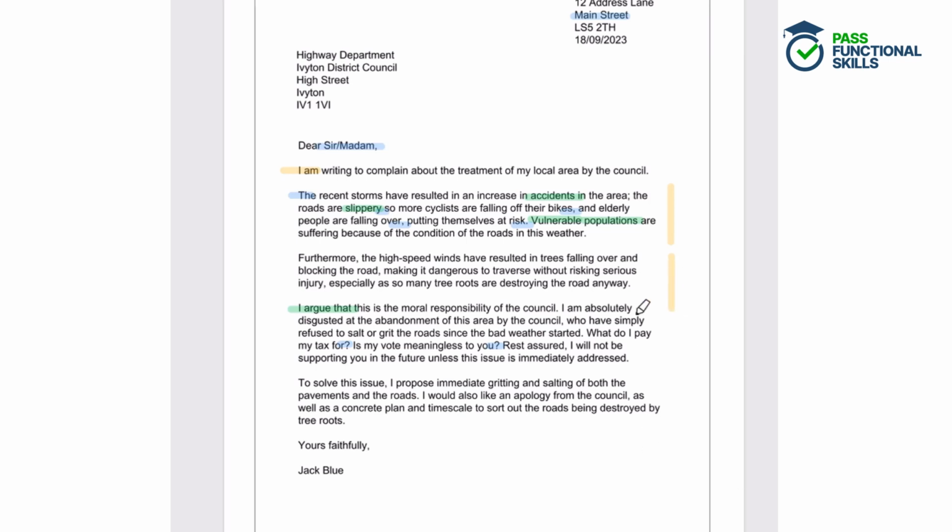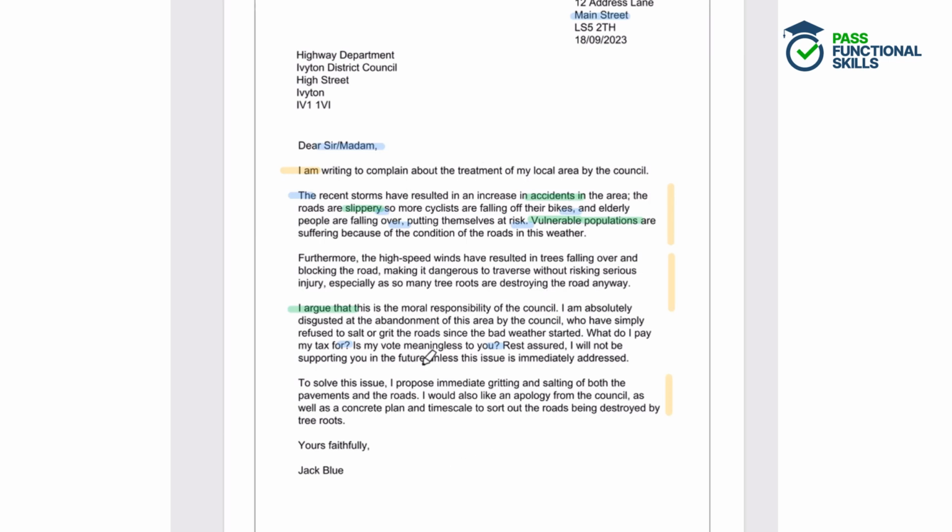And then they explain that they are unhappy with the fact that the council has done nothing to improve these issues. And finally, we have some suggestions as to what the council should do. So they should immediately grit and salt the roads, and they should offer an apology, as well as a timescale to sort out the roads, the tree roots that are destroying them.